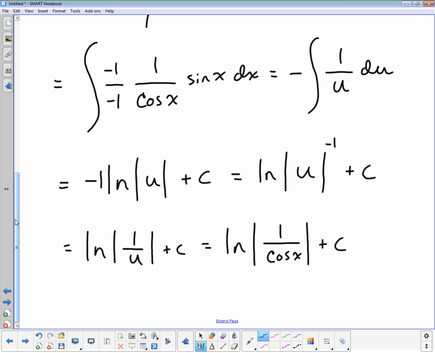Logarithms are one of the things that I think students generally avoid, which is a shame because they are a beautiful topic by themselves. And if you recall your integral tables, you'll see that the integral of tangent is the natural log of the absolute value of secant x, which is odd, but that's why.